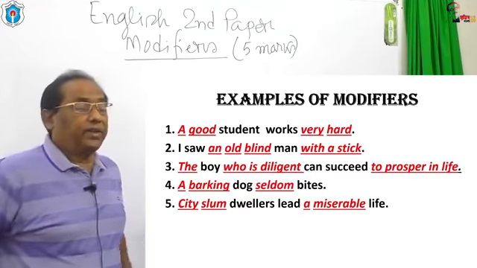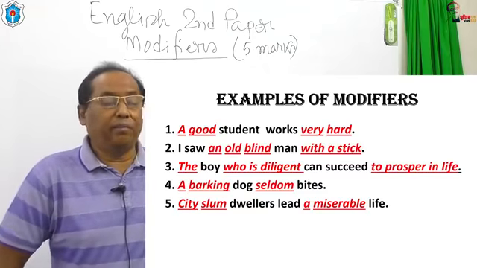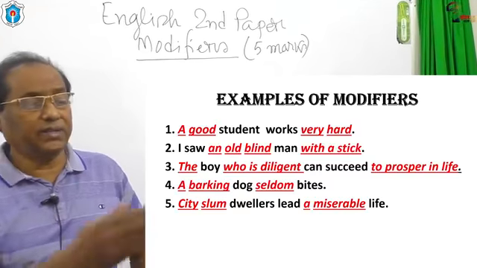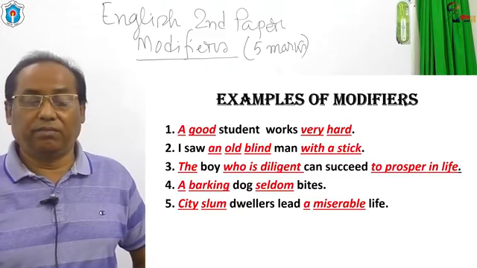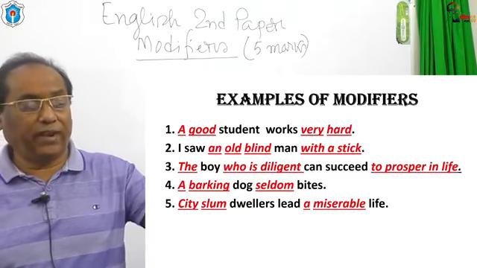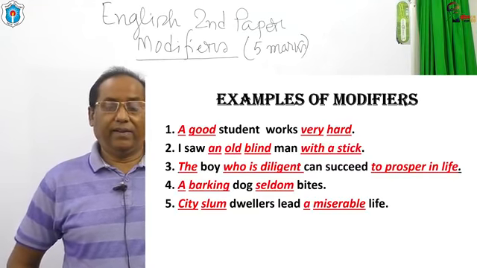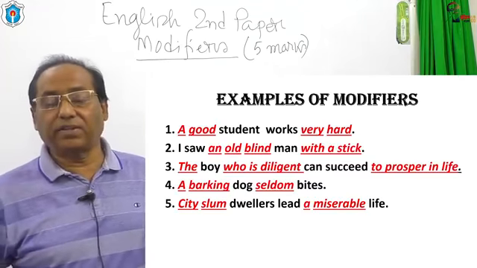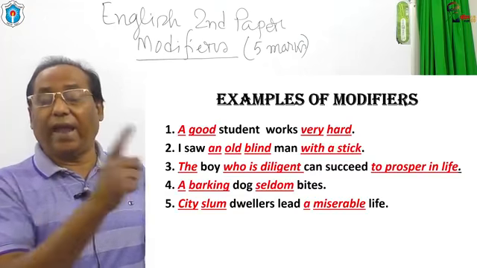In the second sentence, I saw an old blind man with a stick. In this sentence, man is a noun. It is a head word. And before that head word, you can find an. An is an article. It is a determiner. It modifies the man. So, an is a modifier.